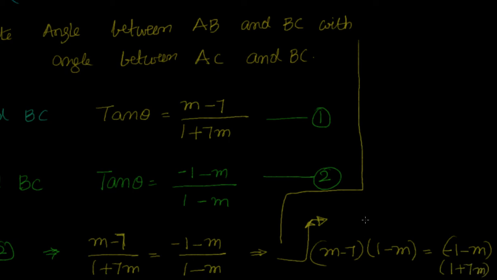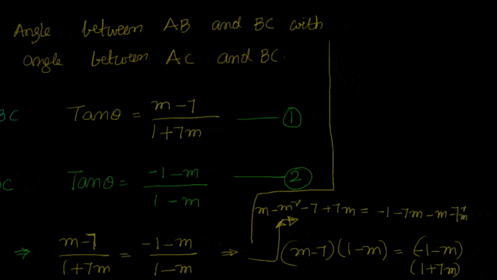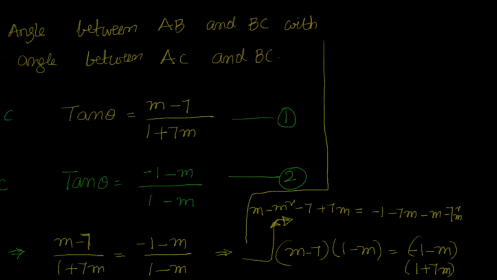I will have m square, m into 1 is m, minus m square, so I'll write down m minus m square minus 7 plus 7m, minus 1 into 1 is minus 1, minus 7m minus m minus 7m square. We'll say minus 7m square.